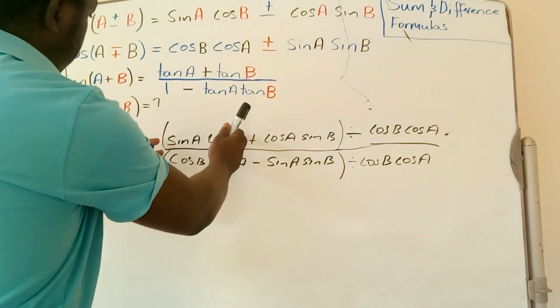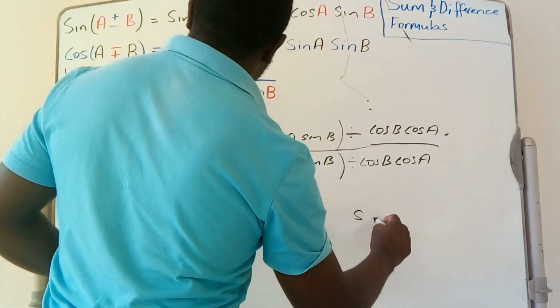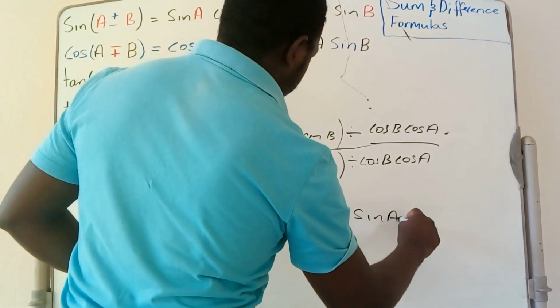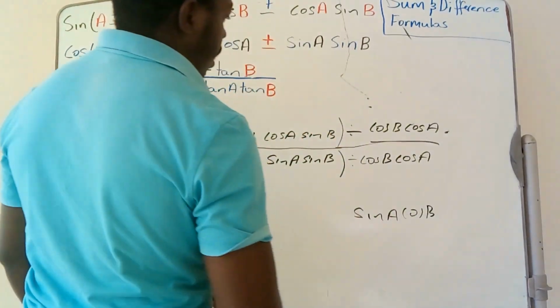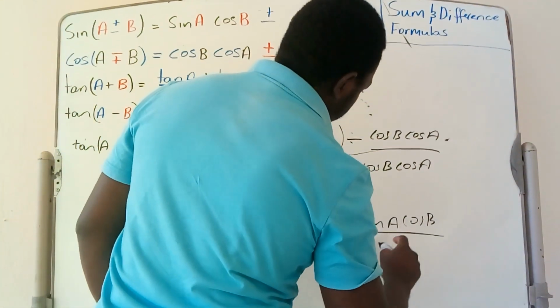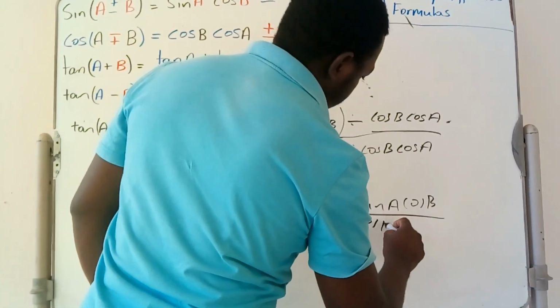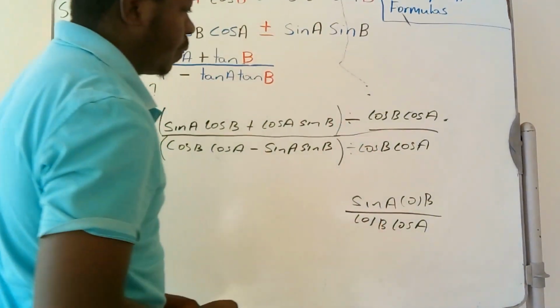So let's take the first term in the numerator, which is sine of A cos of B, right? And I need to divide it by this term here, which is cos of B cos of A, right?